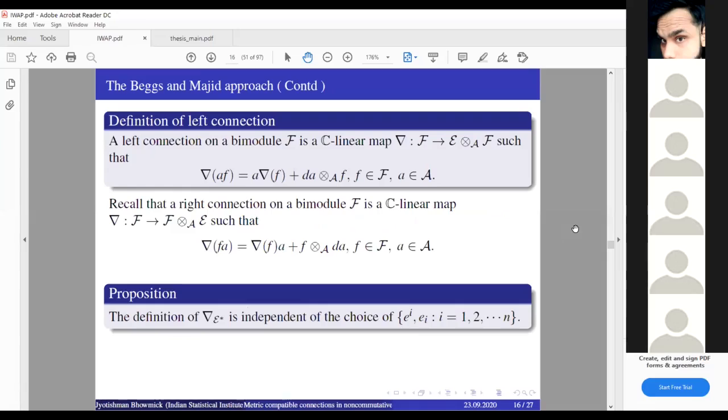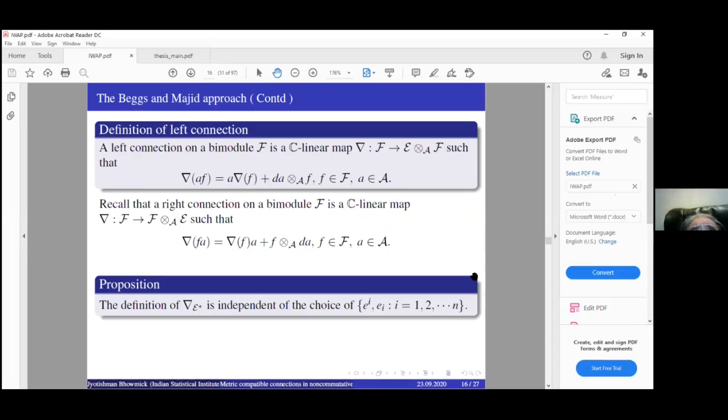Is there any other question? When do you decide to have C-linear and A-linear?